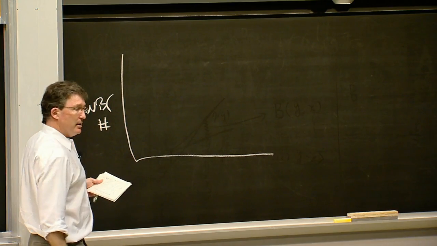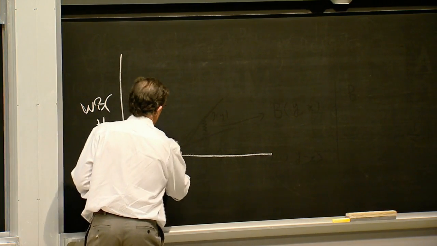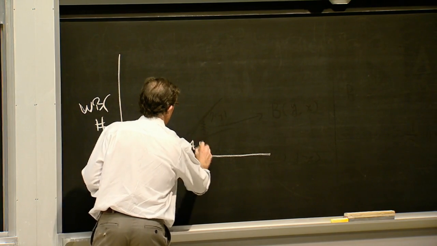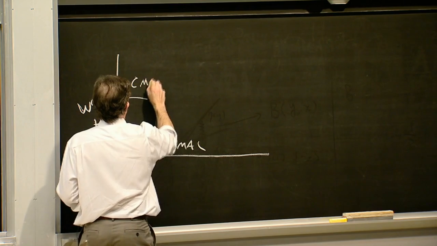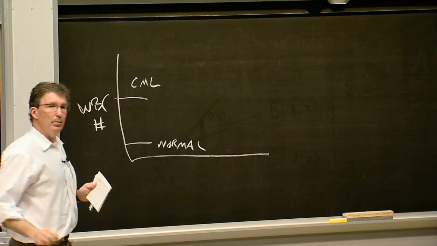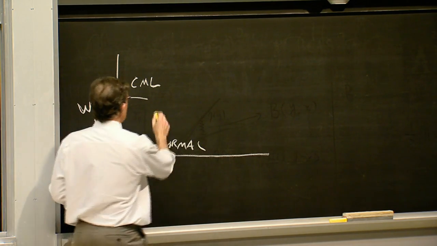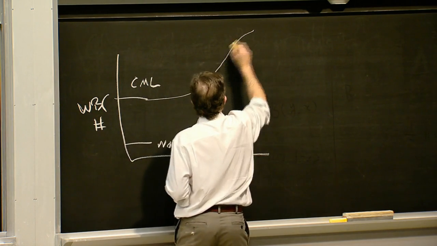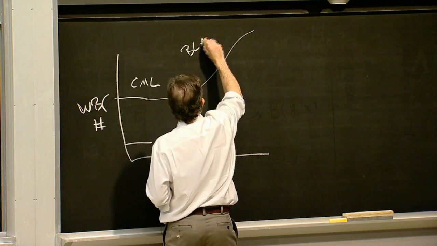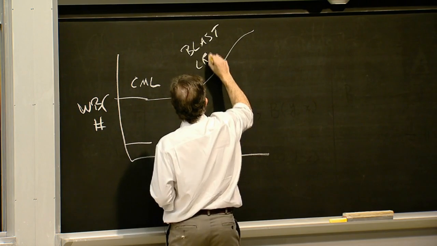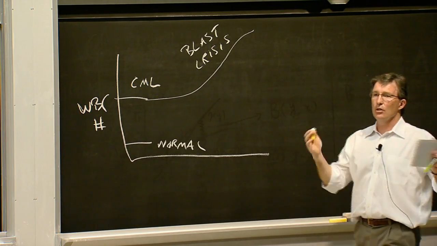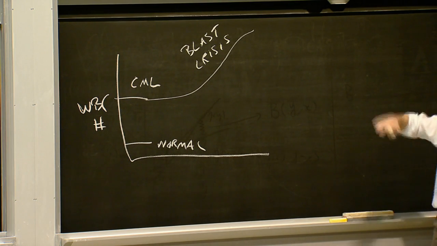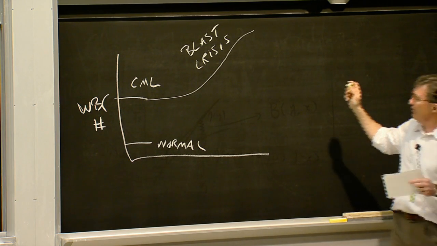If we looked at white blood cell number, normal individuals would have a certain low level. And in case of CML, the level would be high. And actually, it goes higher still as the disease progresses through a phase called blast crisis, where additional alterations take place and the cells begin to divide even more abnormally.